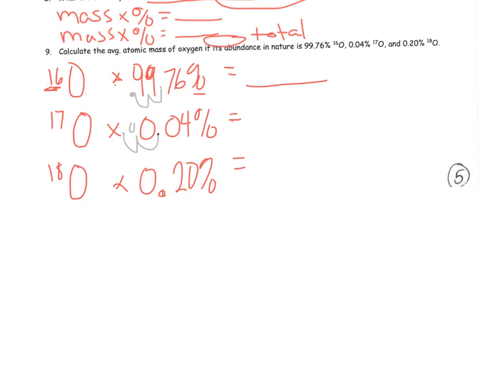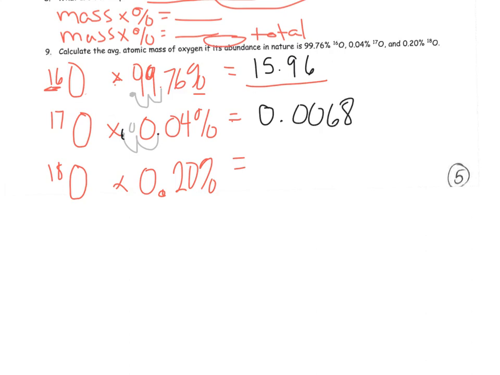So 16 times 99.76%, right? I get 15.96. 17 times 0.0004 gives me 0.0068.